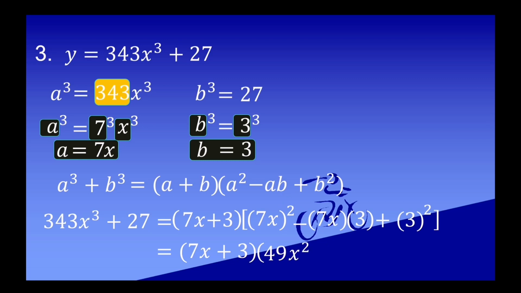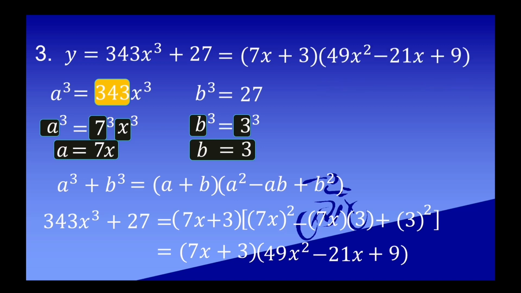Then the product of negative 7x times 3, that is negative 21x, plus 3 squared, that is 3 times 3, is equal to 9. So we have here the factored form of y is equal to 343x cubed plus 27. That is our factored form.